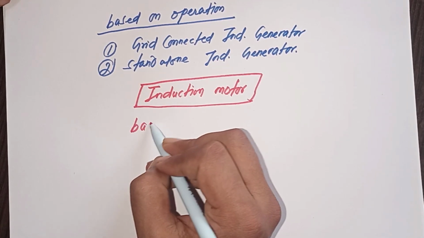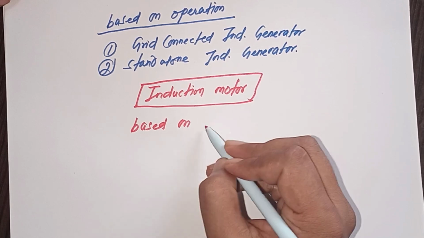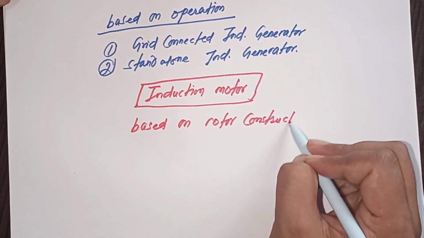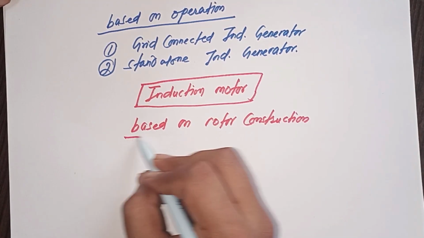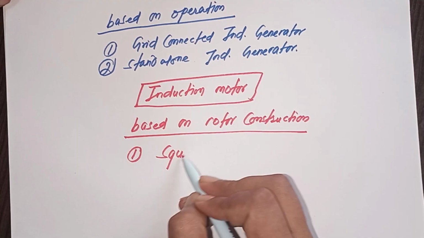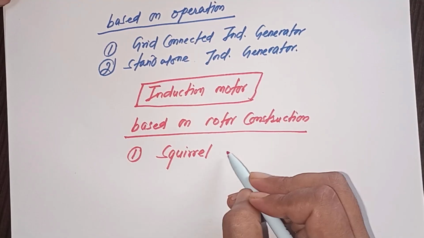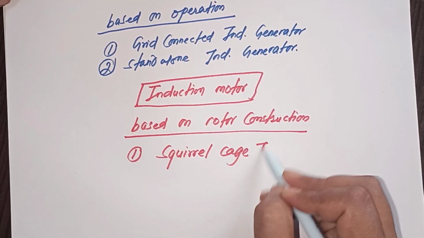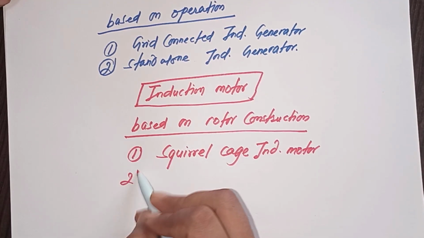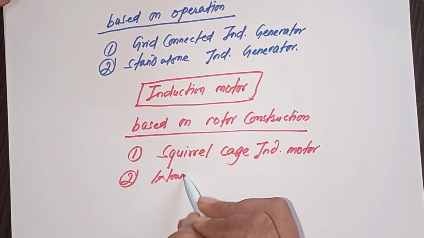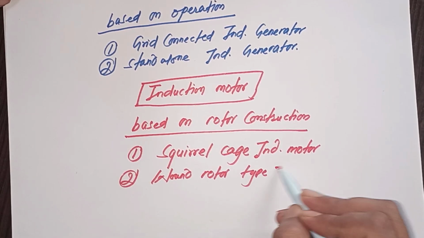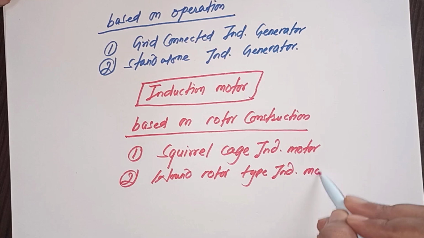Based on rotor construction, induction motor can be classified into two categories. First is squirrel cage induction motor, and second is wound rotor type induction motor.